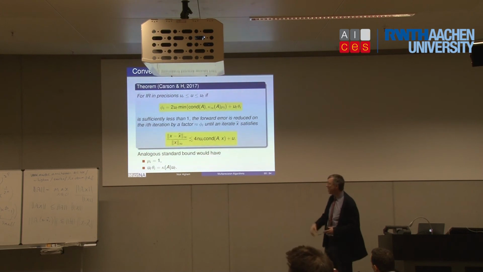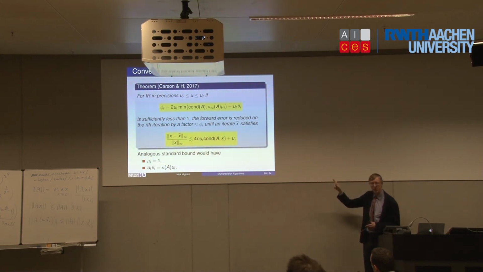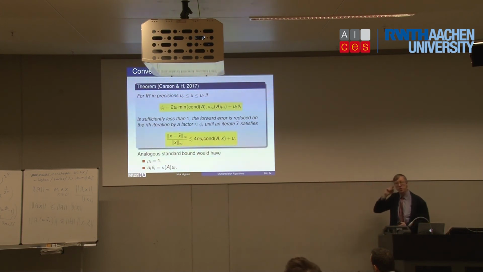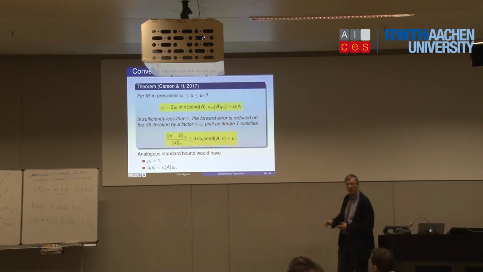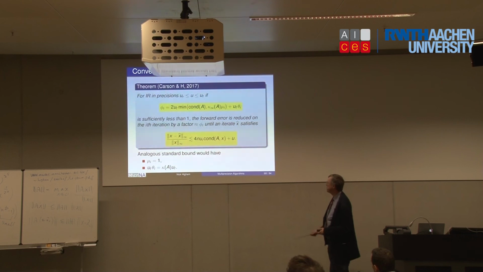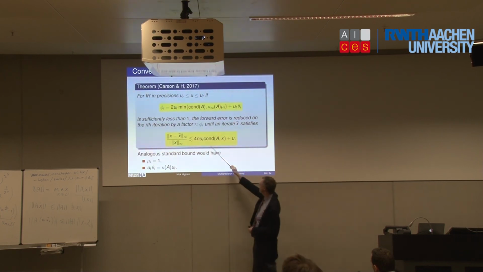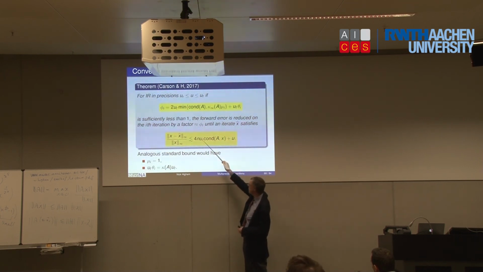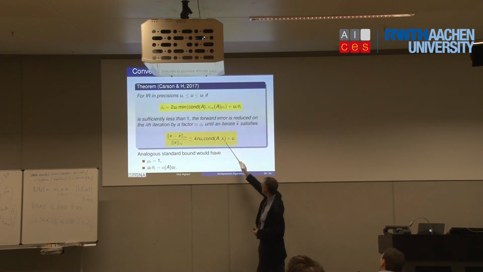So what you can maybe get a hint of here is that in this analysis, we are able to cope with large condition numbers because they're going to get multiplied by numbers possibly less than 1. You can also see here that if I have a lower precision for the residual, then that can counteract any ill conditioning in the final error.